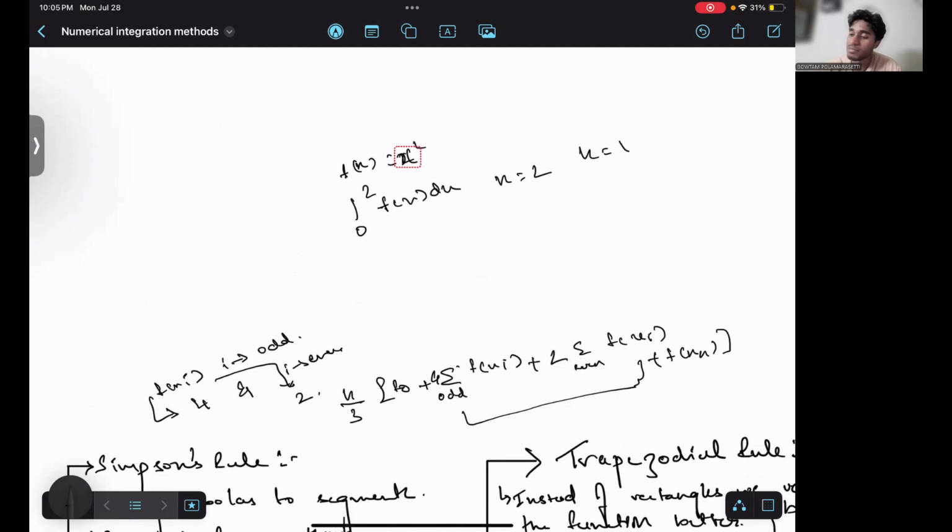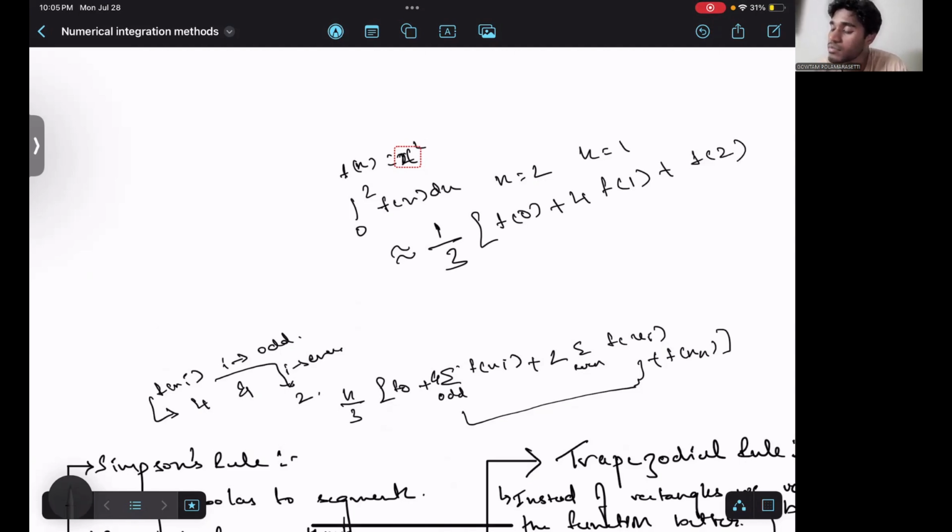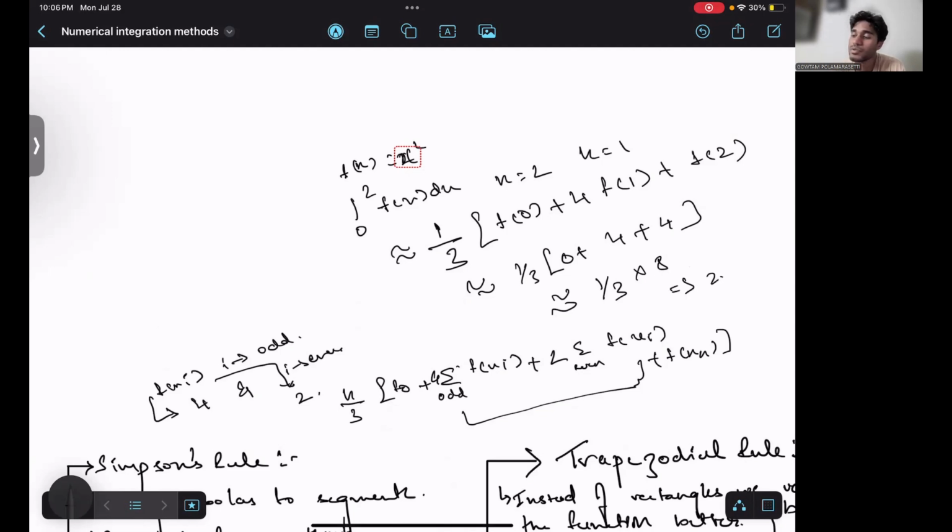So this will become approximately equal to 1 by 3 into f of 0 plus 4 into f of 1 plus f of 2, which will be equal to 1 by 3 into 0 plus 4 plus 4, which will be equal to 1 by 3 into 8, which is equal to 2.66.